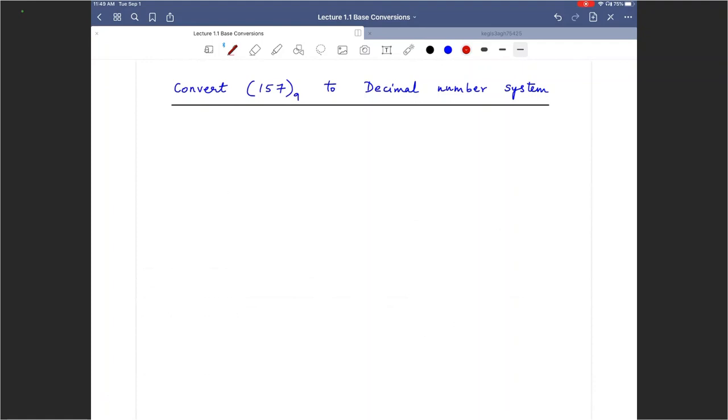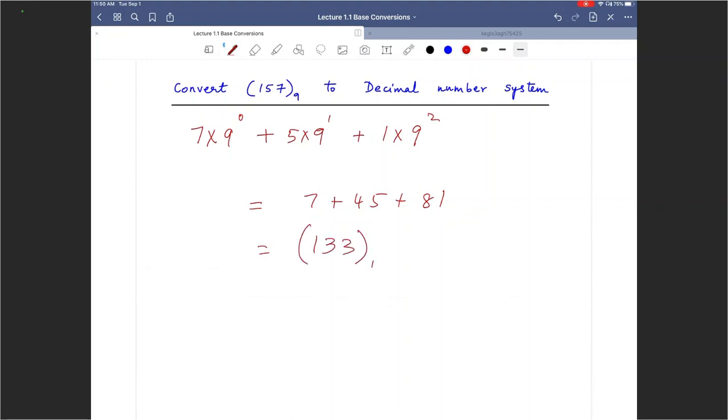How can we do this? Convert 157 base 9 to the decimal number system. What should I do? Using positional significance, I'm going to take 7, 5 times 9 to the 1, 1 times 9 squared. 7, 45, 81 should be 133.